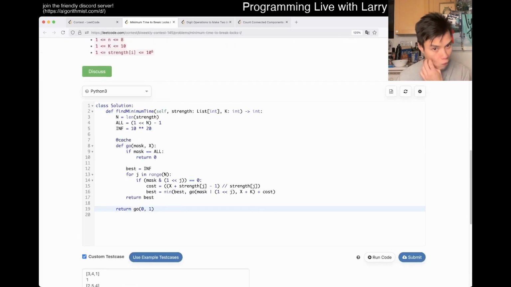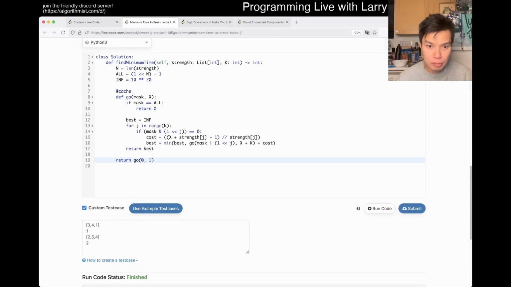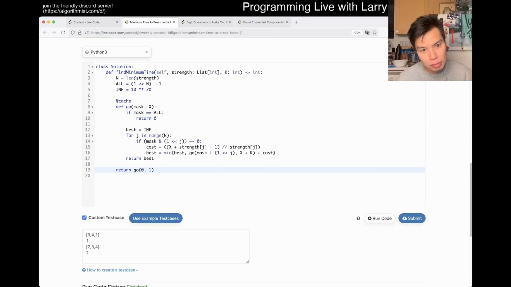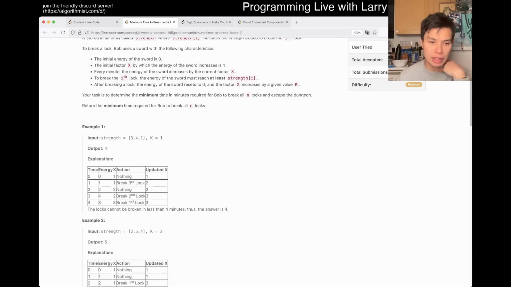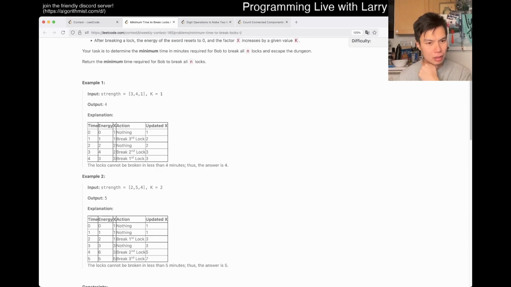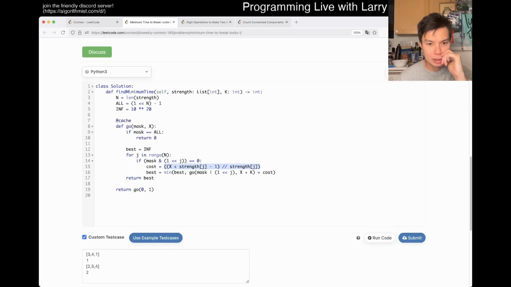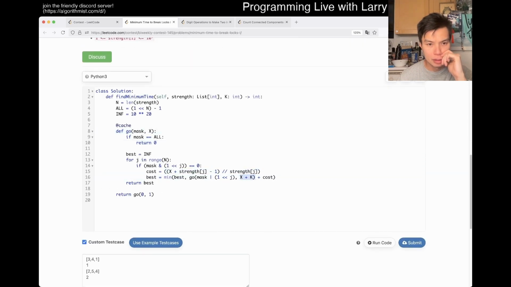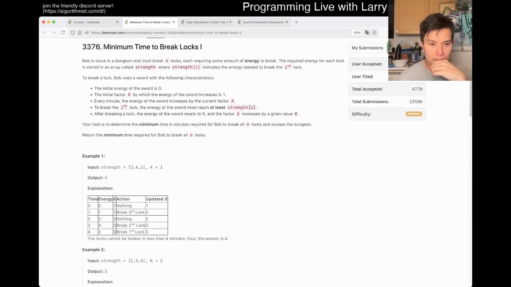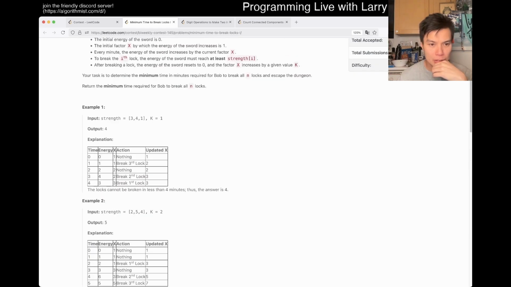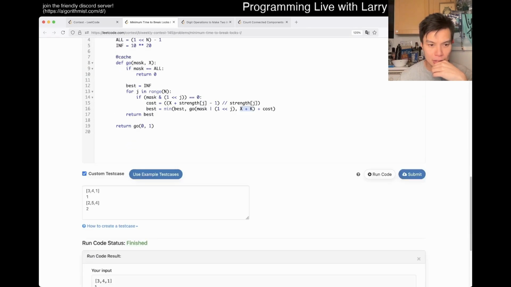Three is wrong. Is that not right? Does it take 1 second to break, maybe? X updates, right? K is 1, takes 1 second, then 2 seconds, and then 3 is 1 second. Why does it think it's 3?